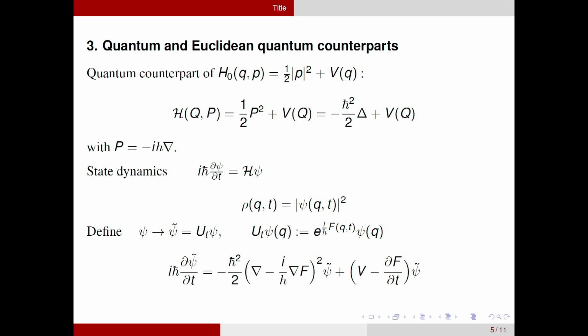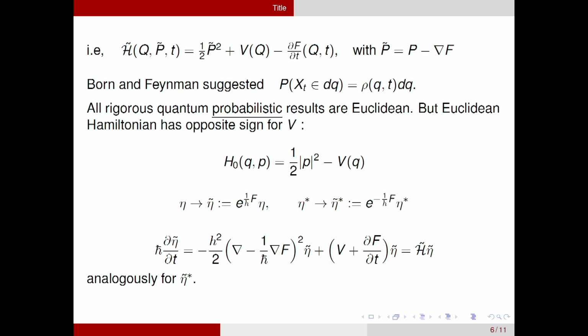You can do a transformation of the solution of this equation, which is a very trivial one, just a multiplication by the exponential of f, and it changes very little to the original equation. The P has changed, and there is an additional time derivative of f.